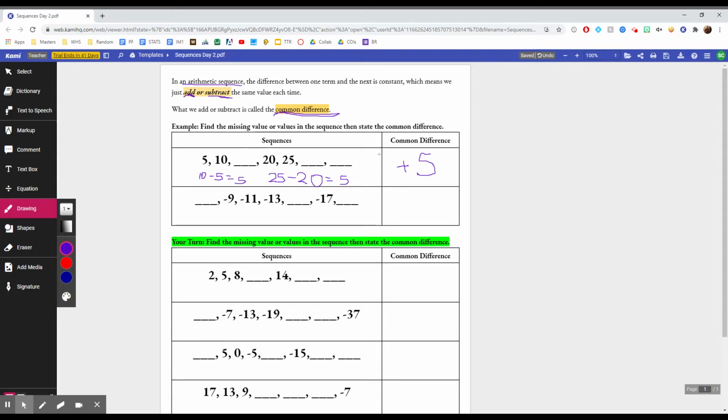Okay, since we know that the common difference is adding 5, we're going to use that to help us find our next or missing values. So 5 plus 5 gives me 10. 10 plus 5 gives me my missing value, which is 15.